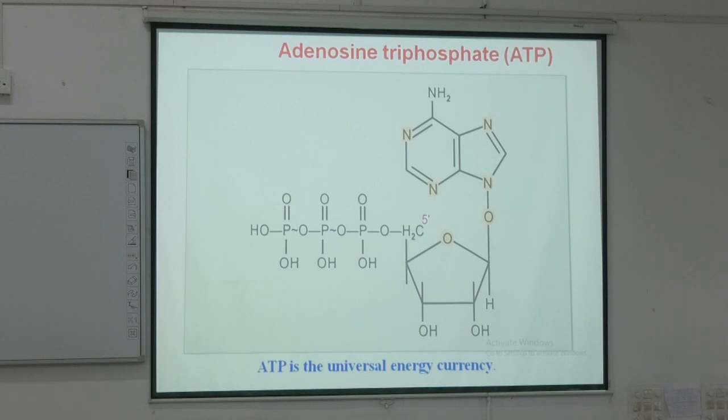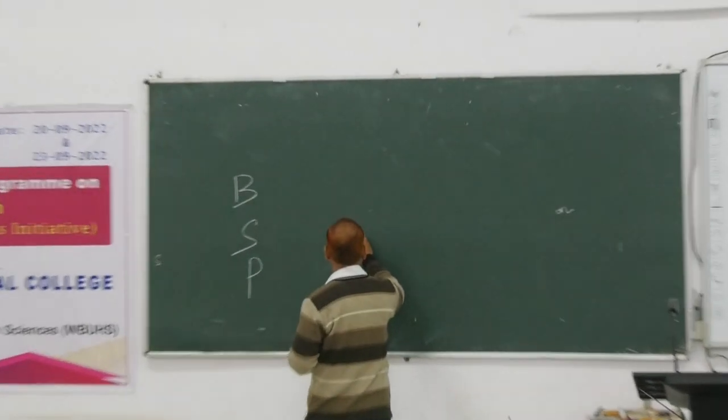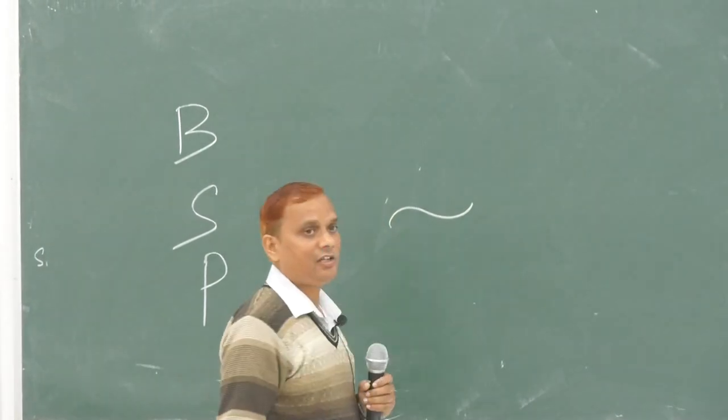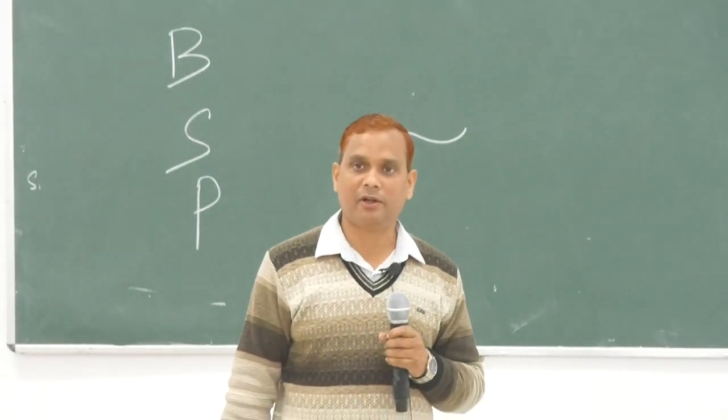Now see, this is the structure of ATP. Can you tell what is this bond? This is a high energy bond. Very good. You can also call it a squiggle bond.